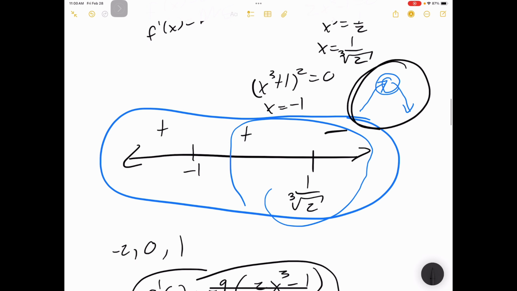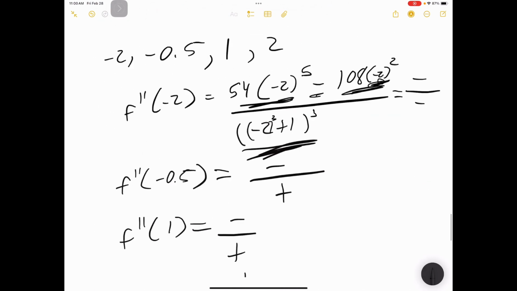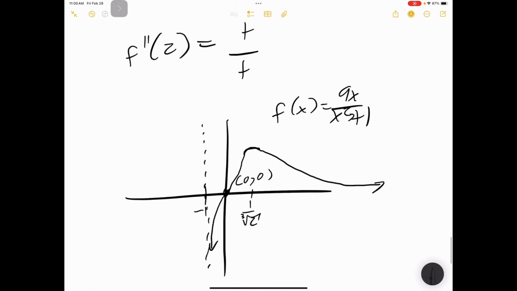Awesome. We also found that we're increasing to the left of -1. Increasing to the left of -1 means we have to have a function that's increasing like this. We have no other inflection points, so we also know that we're not going to see any other local mins or maxes.